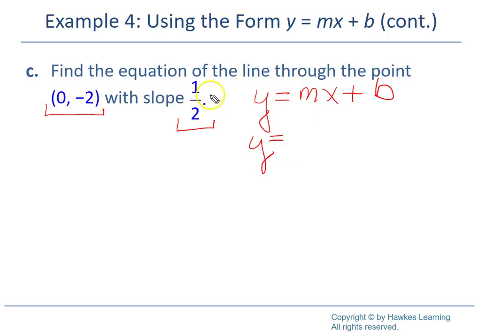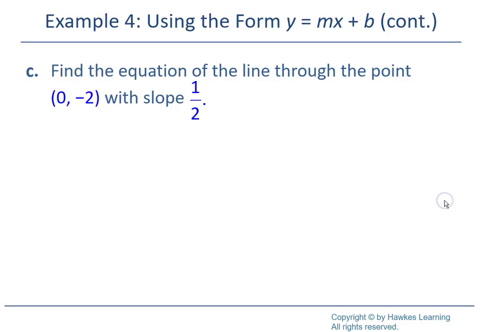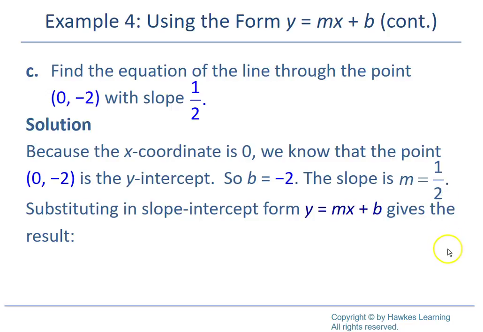Y equals our slope, which is 1/2. We have to be sure to include the x, and we only include the y value here, negative 2. So if we know the slope and we know the y-intercept, we can write it in this form very easily. Okay, let's just clear that and see what we have here. And there it is.